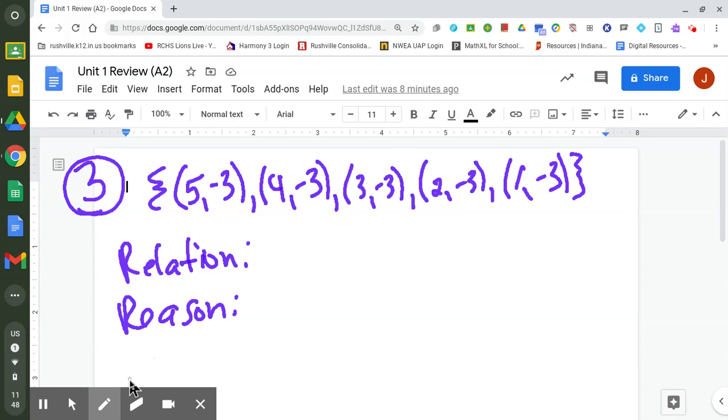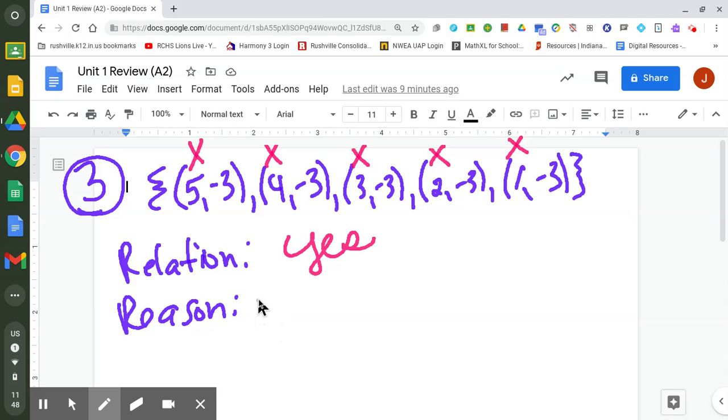So we are going to look at the values in the ordered pairs, and we're just looking at the x's. To determine if it's a function or not, we only look at the x's. So I have a 5, 4, 3, 2, and 1. And since those are all different x's, then this is a function.